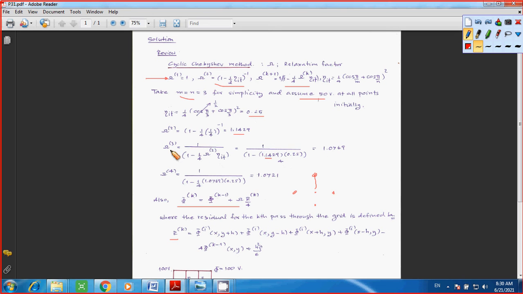That gives you the second iteration. This is the third. It's going to be 1.0769. You do the same thing for the fourth iteration. Your omega equals 1.0721. Now we are ready to do the calculation.